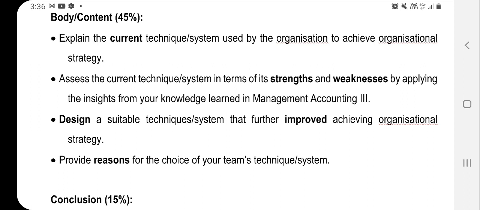See, the first step, you have to write what are the things that have been done by the business, and then the second thing is you have to assess, you have to evaluate the thing that have been done by the company, and you have to write the strengths and weaknesses of the thing that have been done by the company, using your knowledge that you have learned in management accounting 3.